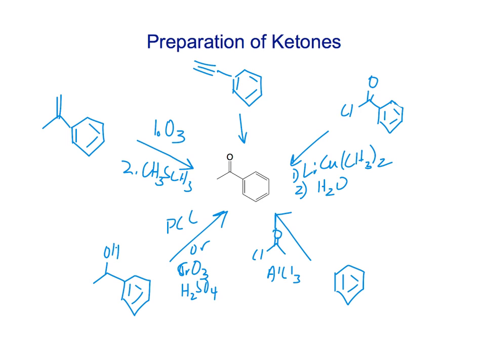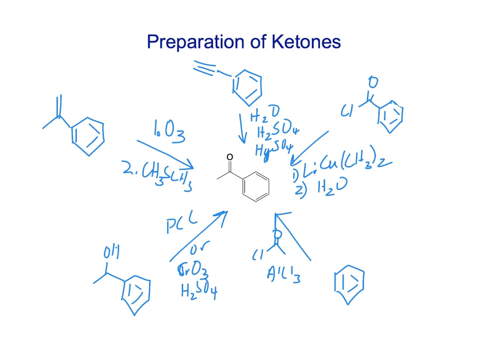Right, and this is just a hydration reaction. So we've got H2O, sulfuric acid, and sometimes they put in mercuric acetate, HgSO4, as a catalyst. This time, last time we used the hydroboration oxidation, which put the OH on the end and gave us an aldehyde.